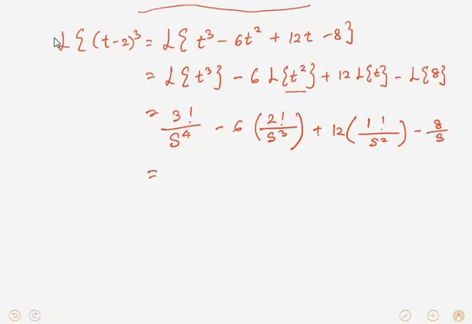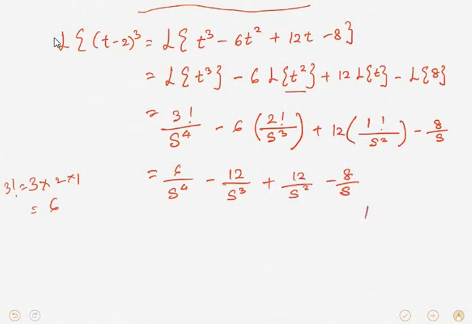So 3 factorial equals 3 times 2 times 1, which is 6. So you have 6 over s power 4 minus 12 over s power 3 plus 12 over s power 2 minus 8 over s. So this is the answer.